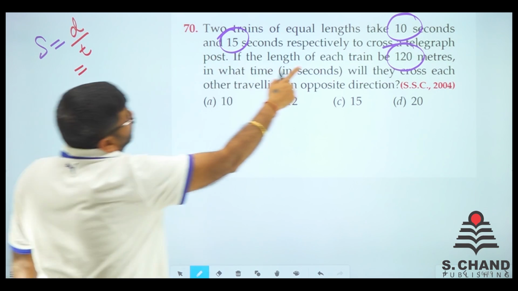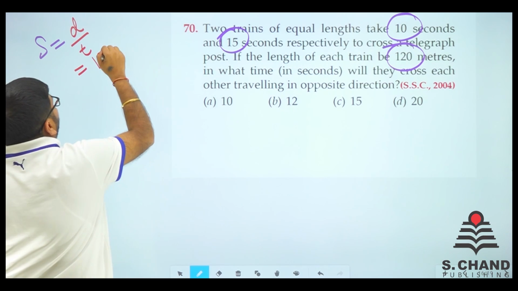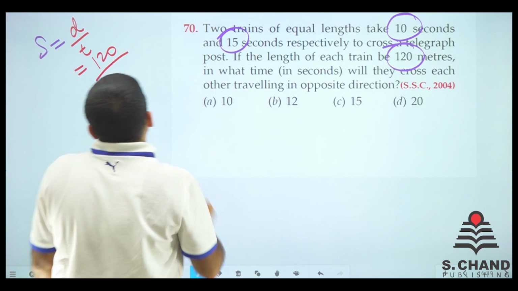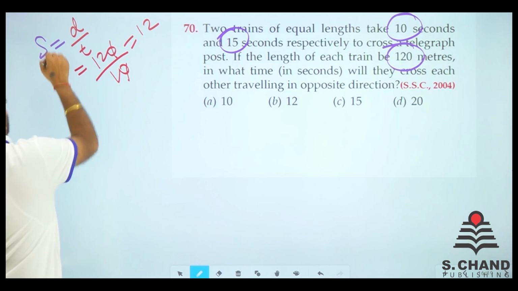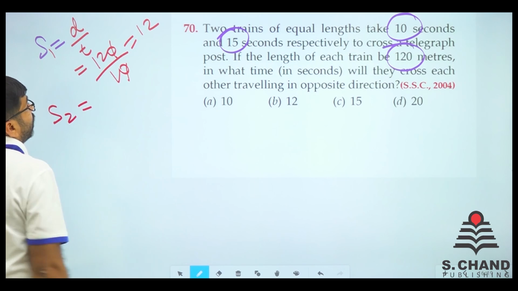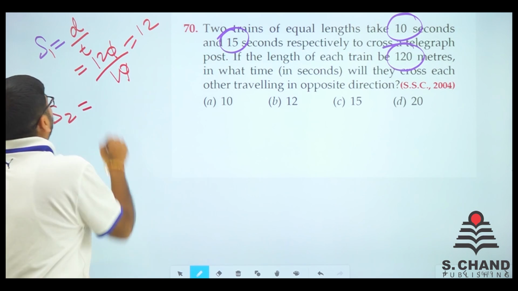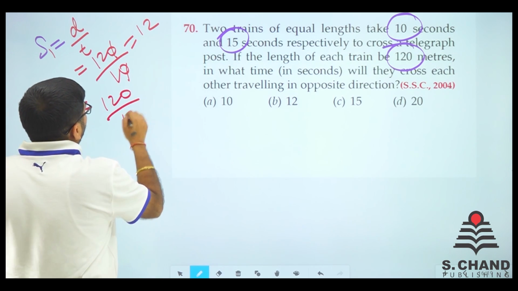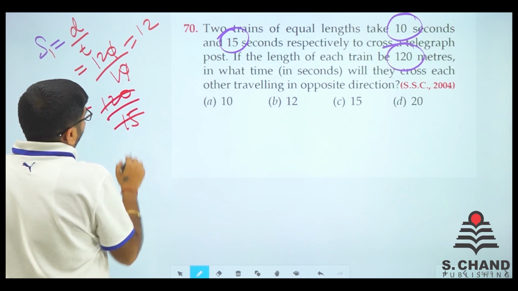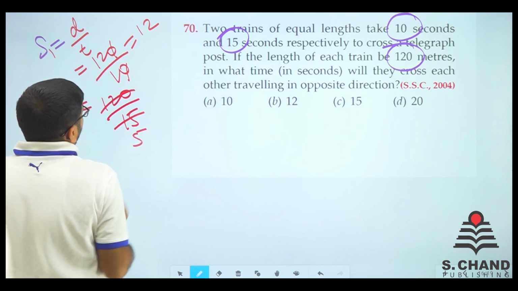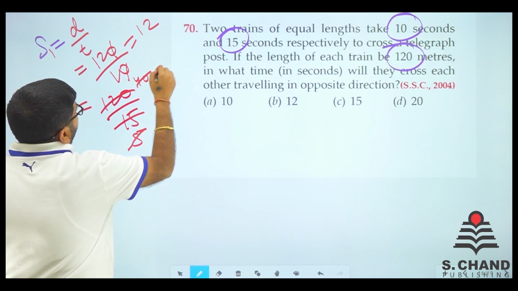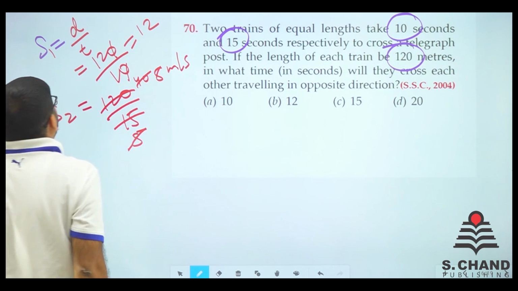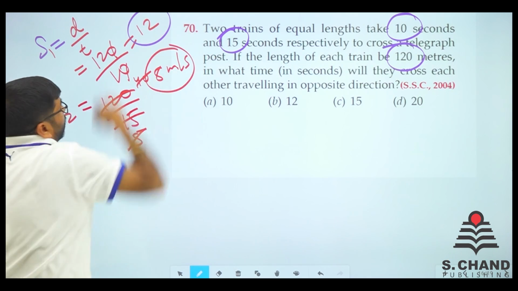Distance is 120 and time for the first is 10, so it is 12 meter per second. S2 is 120 by 15, so 3 into 5 and 3 into 40, then we have 8 meter per second. So we have found both the speeds, right?